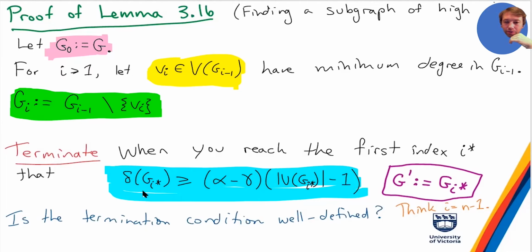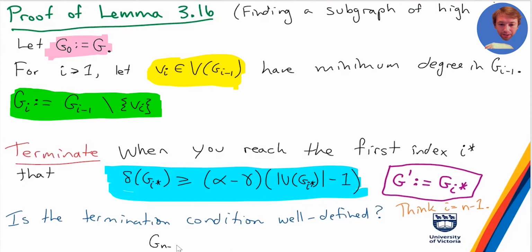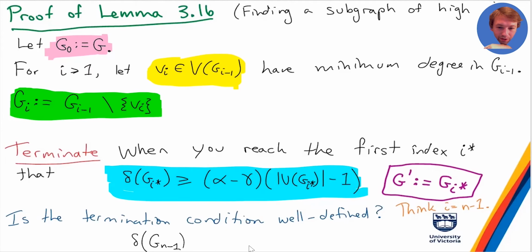But in this case, it does hold, because, for example, if I delete all the vertices except for one, if I take G_{n-1}, the graph I get after deleting n minus 1 vertices, the minimum degree is obviously 0, and the right hand side of this inequality is 0. So the termination condition is well defined because eventually the inequality will get satisfied, and we just hope that it gets satisfied early, after only a few steps.